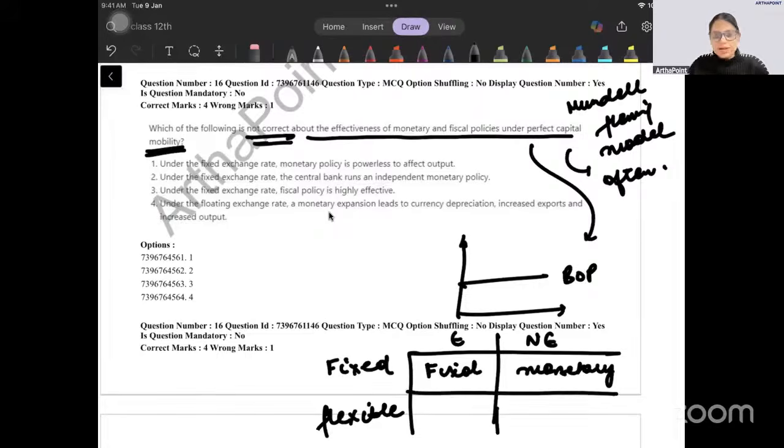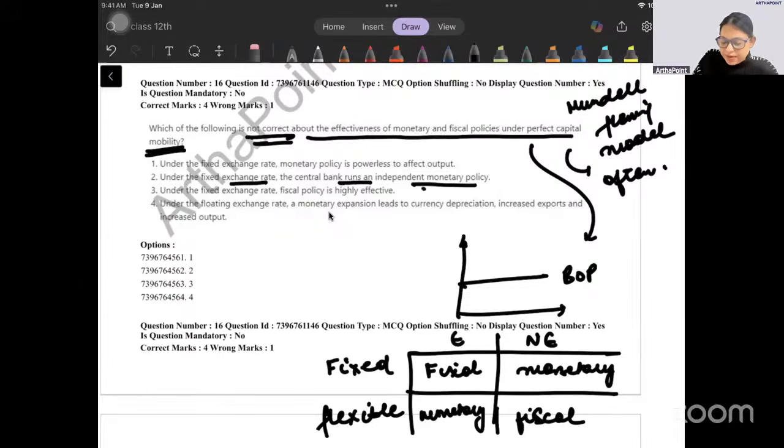In the flexible exchange rate, monetary policy becomes effective and fiscal policy becomes ineffective. ठीक है, so on this basis if I have to look at the options given, under fixed exchange rate central bank runs independent monetary policy, this will be false because monetary policy is ineffective.